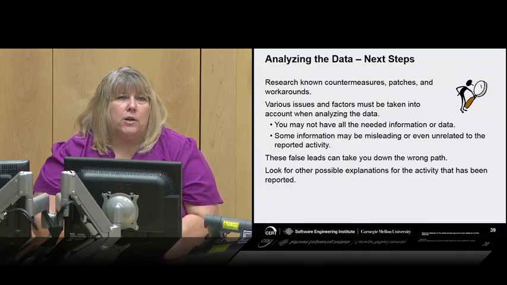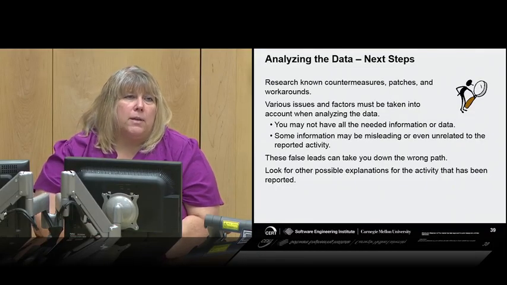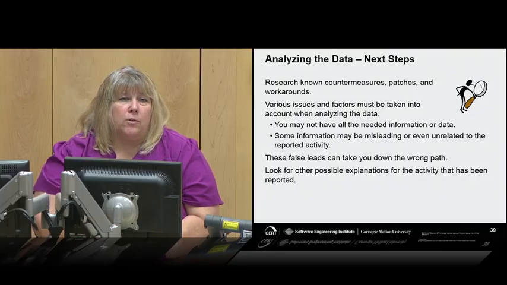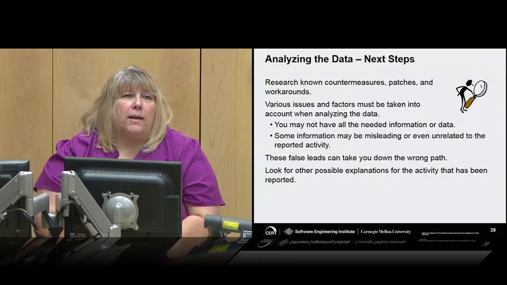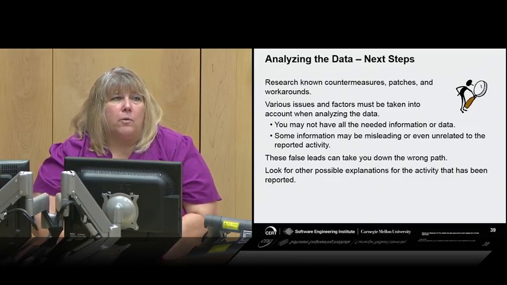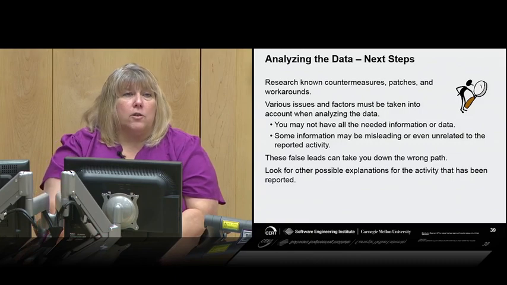And eventually it was traced back to a printer that had been installed and misconfigured, and it was broadcasting out at a very high rate and was actually impacting the network. Originally they thought it was some type of malicious activity, but really it was just a configuration error that caused the problem.